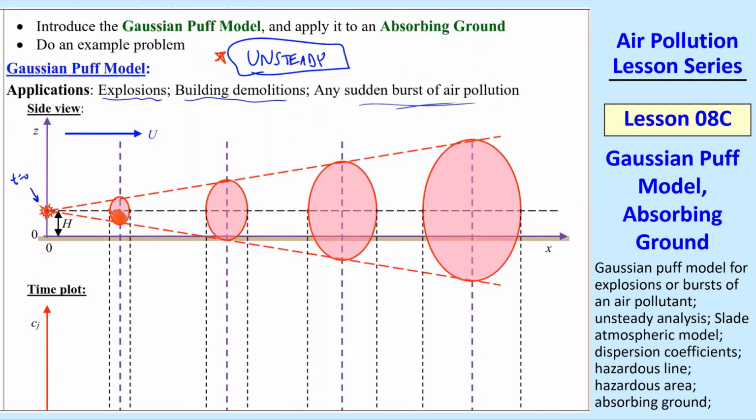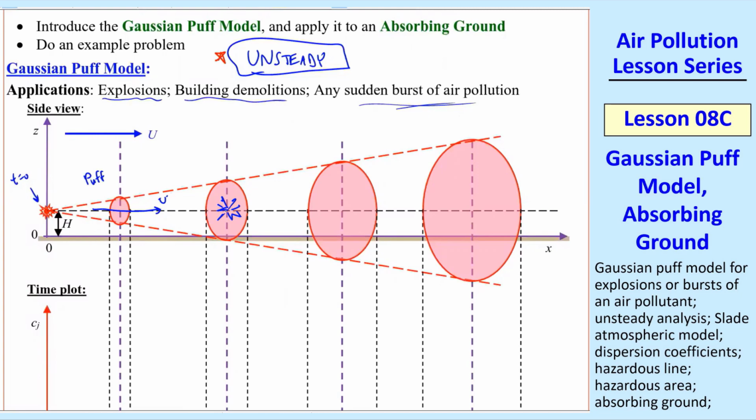And then this puff, we call that a puff then, of smoke or gas, whatever's coming out of this explosion, that's the air pollutant, is moving downstream at some speed u. It's moving downwind. And this puff, if you imagine a cloud of smoke or gas, it diffuses. So as you go downstream, it is diffusing out and getting bigger and bigger.